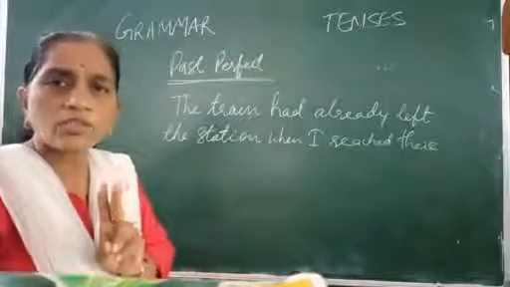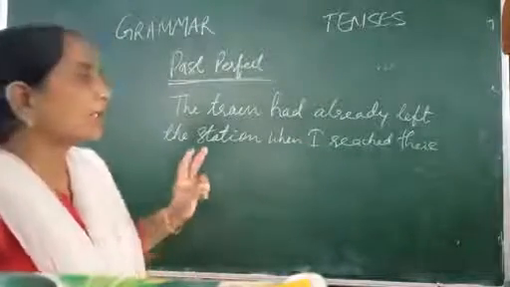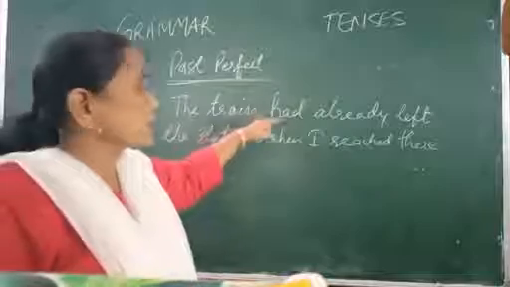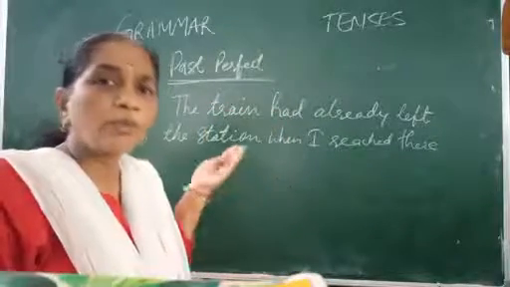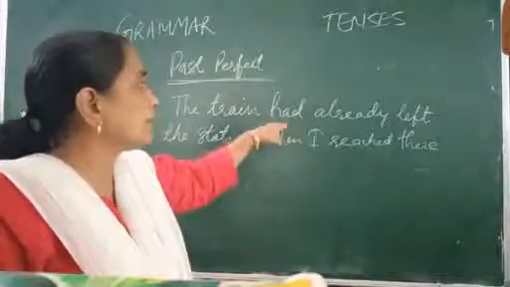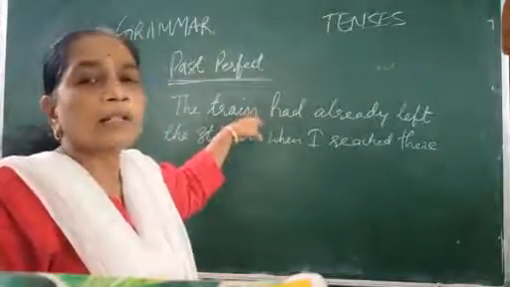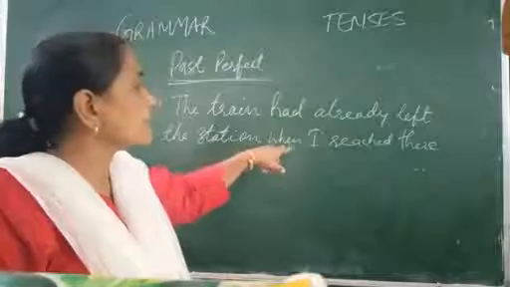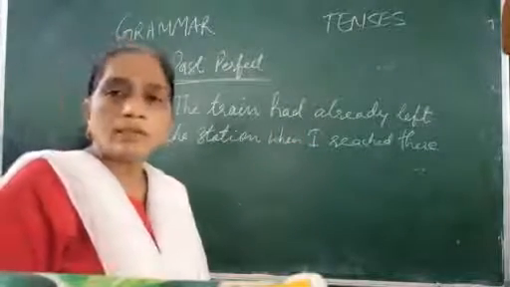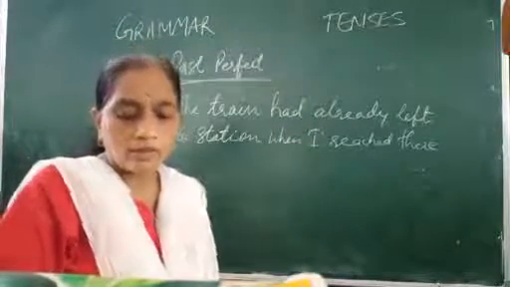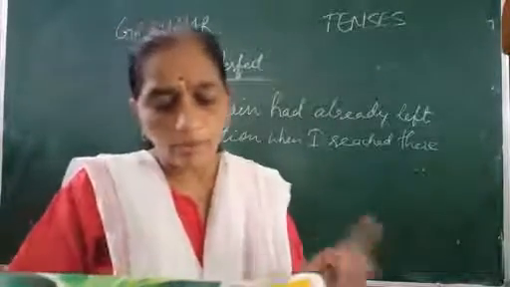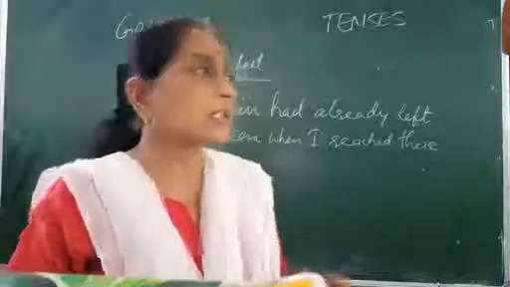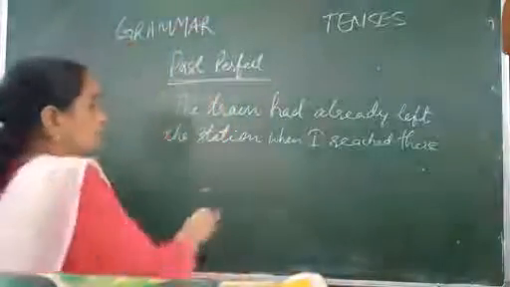These are the two actions which took place in the past time, and this action, the train left earlier, so we will use had plus verb third form with the earlier action, that is the train had left, and past simple is with the next action. Fine?